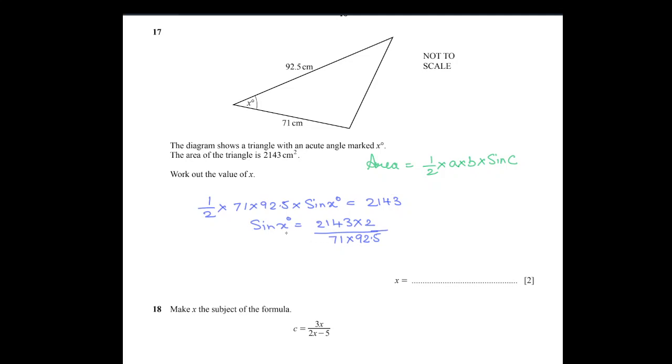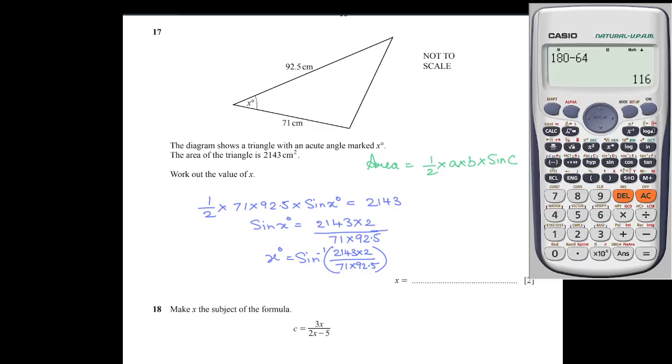Now keep x and bring sine to the other side. So sine inverse is applied on both sides. On the left side, sine will be cancelled. Sine inverse on the right side will be this whole thing, 2143 into 2 by 71 into 92.5. Use your calculators for this.